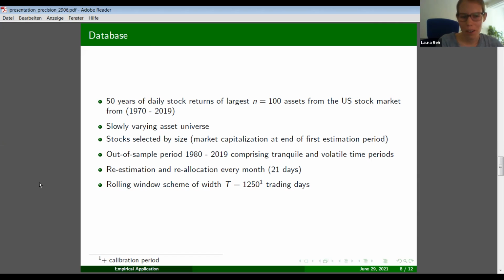To make a fair comparison, I should say we would also need to allow the benchmark models to have a 6-year estimation scheme, but we found that in the out of sample comparison, they actually performed better with only 5 years of estimation. So the comparison is, I think, still quite fair. And for the moment, we just compare our lasso approach with the DCC and the nonlinear shrinkage static approach.